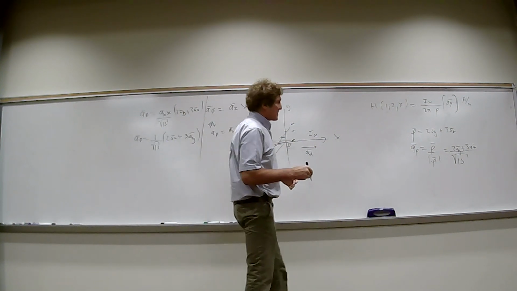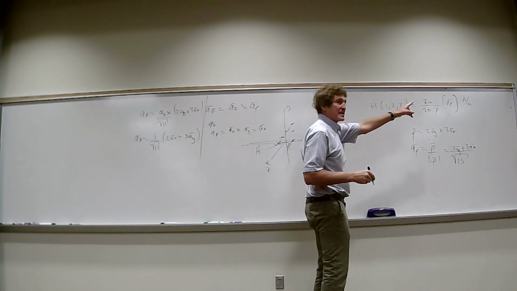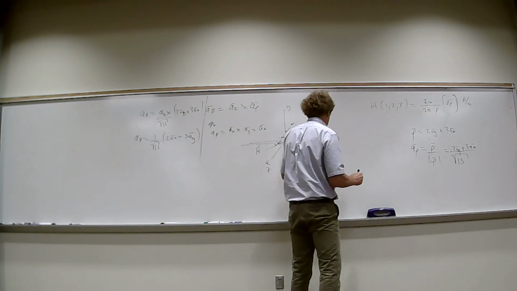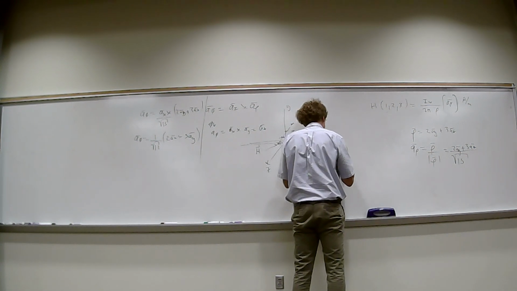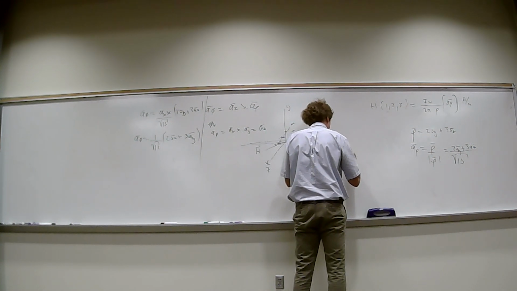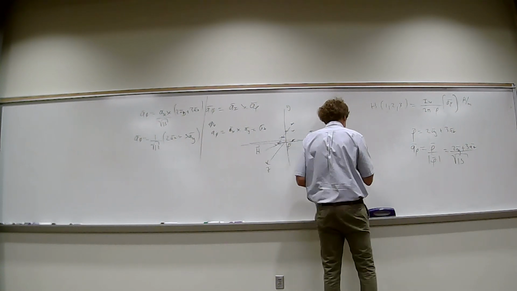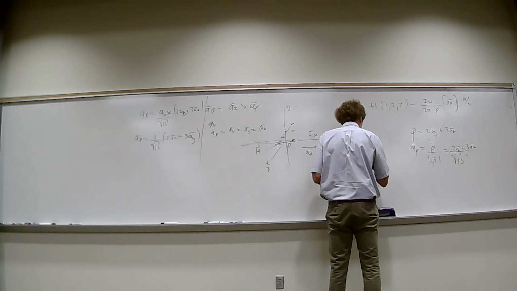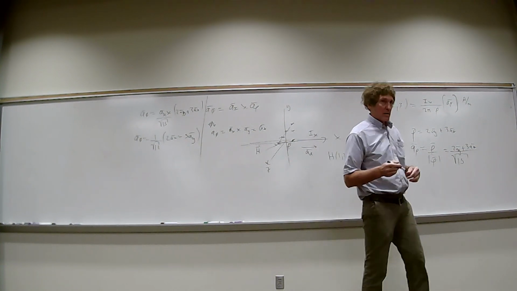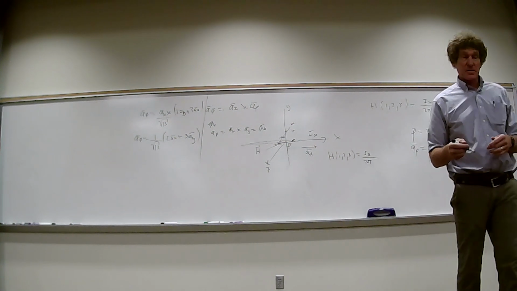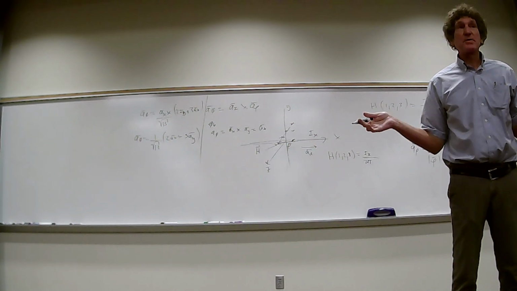Now, if you come to this point and we write this equation over here, I'm going to put it right here. I have H at (1, 2, 3). It's Ix, whatever that is, it doesn't matter. It's over 2 pi. And what is rho? It's a magnitude, right? Just the square root of 13. You all see that, class?